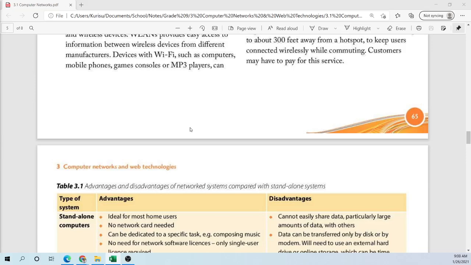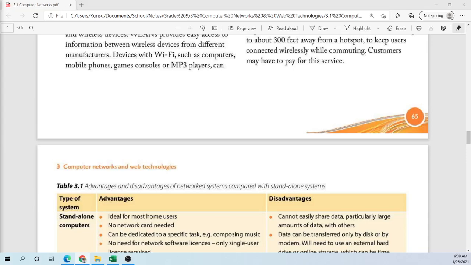When we're looking at the name of the network, it is based on the size, the use, and so on.